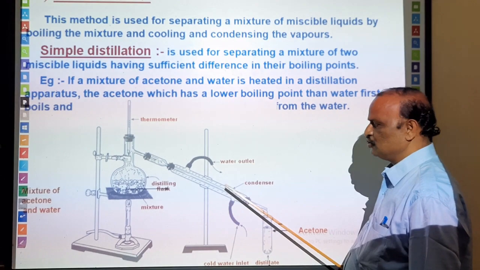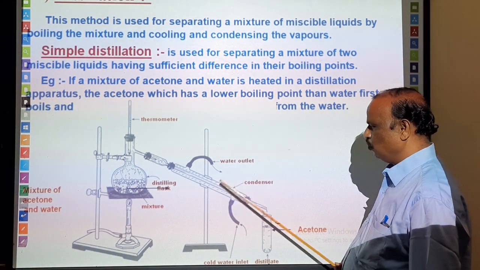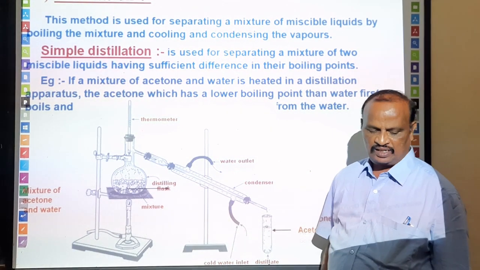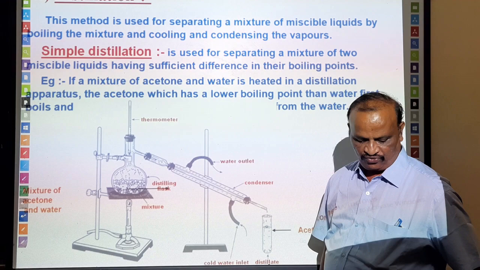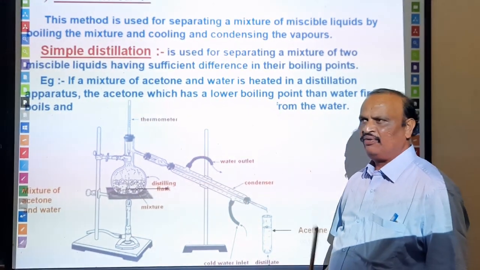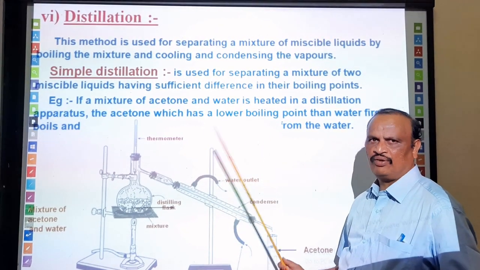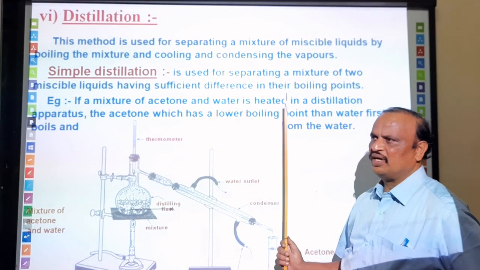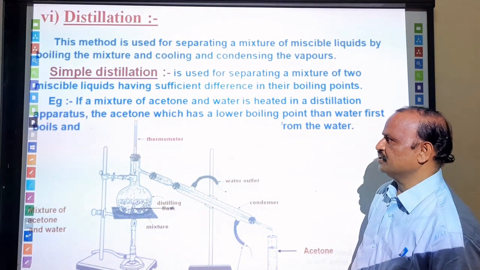Vapors of water are also cooled and collected as another component. This is the simple technique of distillation, based on the principle that every liquid has a fixed boiling point at which it converts into vapor, and the vapors are cooled to get the liquid form of those components.